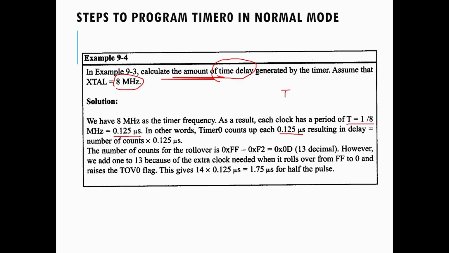We know that the maximum count for the rollover is 0xFF, so we subtract the TCNT value from FF. Therefore we get 13. But this value does not include the starting count.